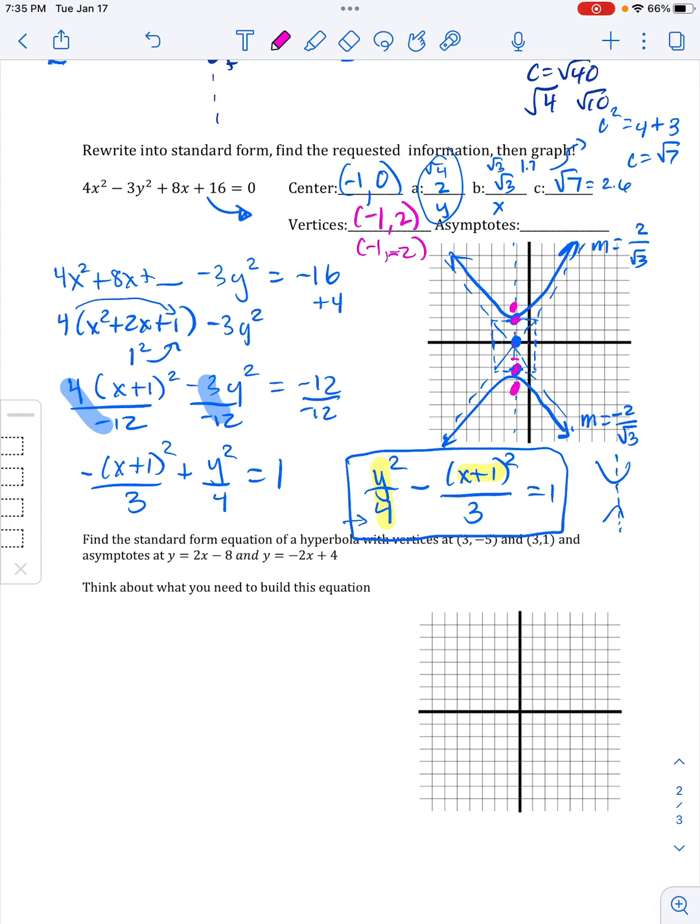So if my center is this, let's build our asymptote equations using the point slope. I'm supposed to go y minus the y coordinate, but the y coordinate is 0. Handy. Plus or minus my slope, so 2 over root 3. Then I'm supposed to do x minus the x, so it turns into +1.